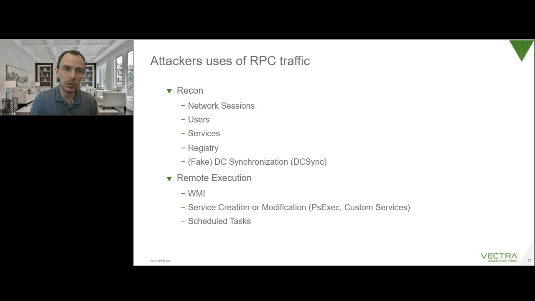For remote execution, WMI, service creation, things like PSExec, things that are common sysadmin tools, right? Scheduling tasks, things like that. Again, all stuff that you would, as an admin or as a regular user, want to do, but being turned around on us.